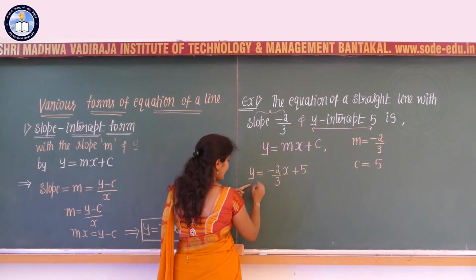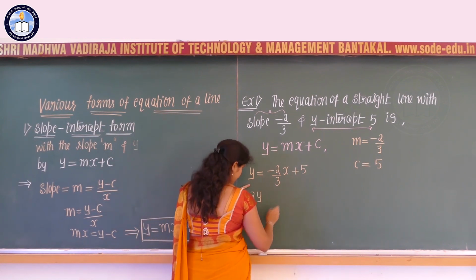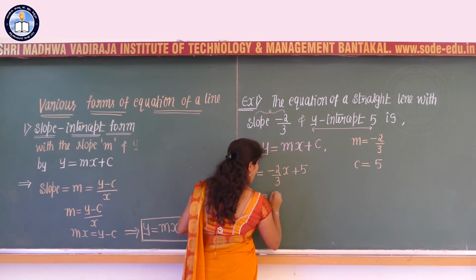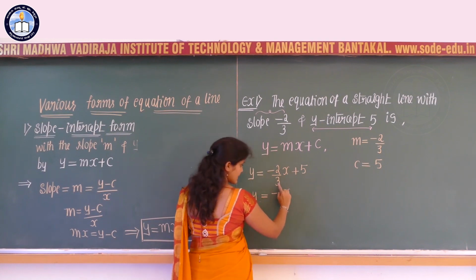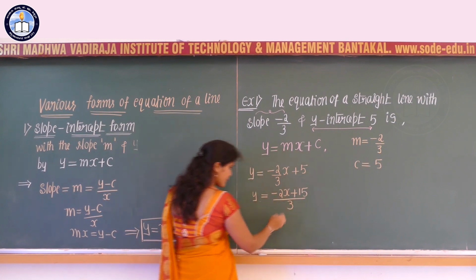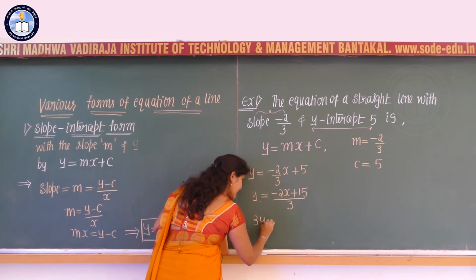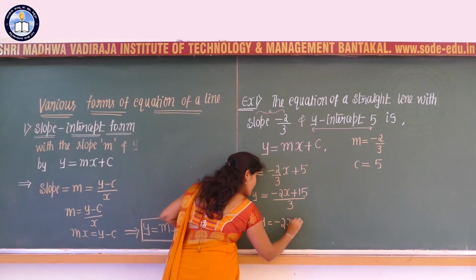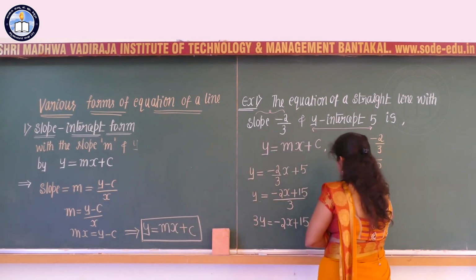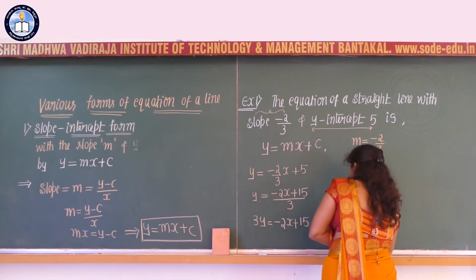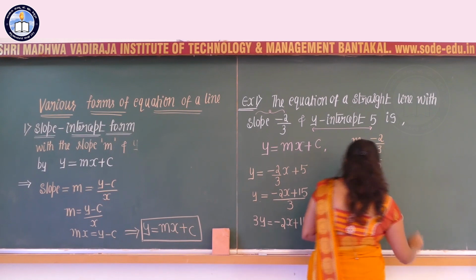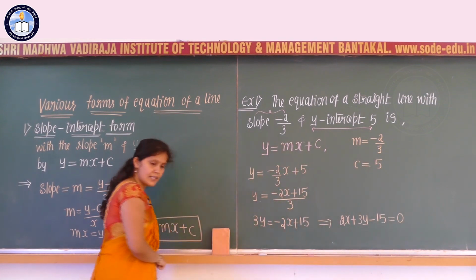Simplification gives 3y is equal to minus 2x plus 15, which implies that 2x plus 3y minus 15 is equal to 0. That is nothing but the required equation of the line.